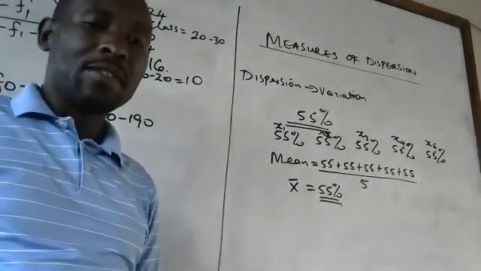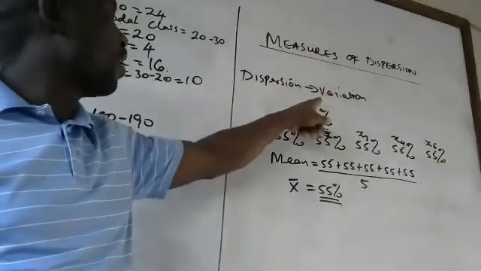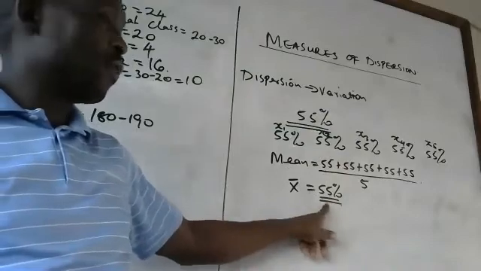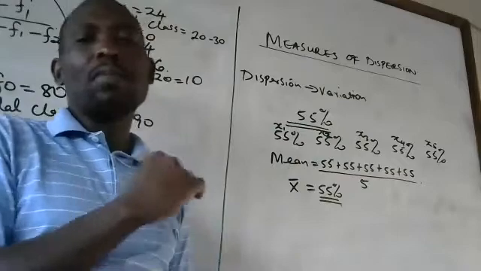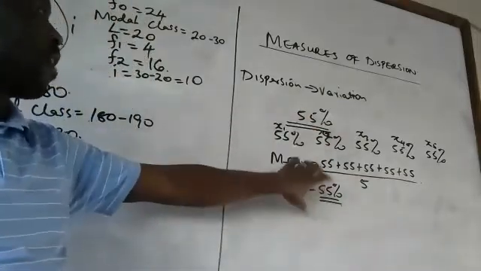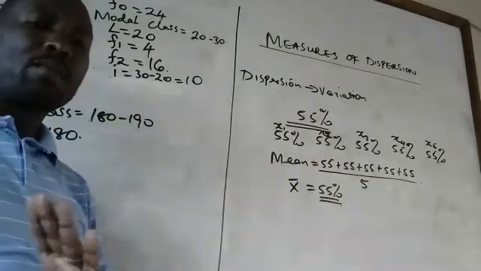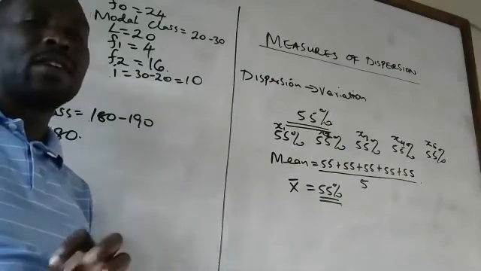If that is the case, then there is no dispersion, there is no variation. And this measure of central tendency, which is 55%, is actually a perfect one, and it is a true representative of the data the way they are. If this is 55 and the actual values are also 55, then there is no dispersion, and the values are said to be correct or perfect.